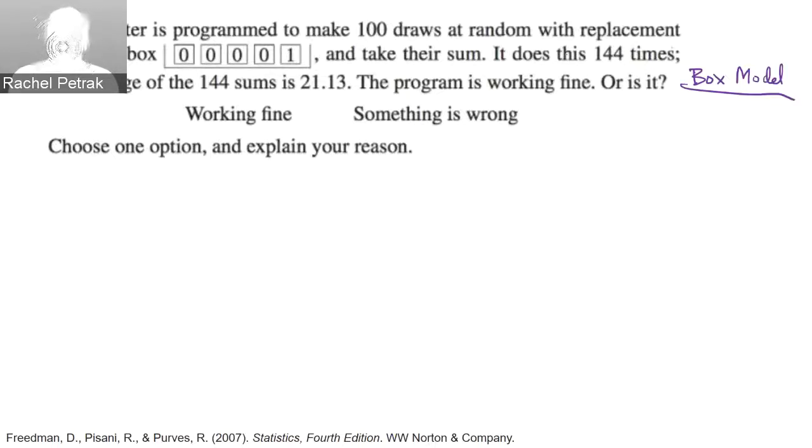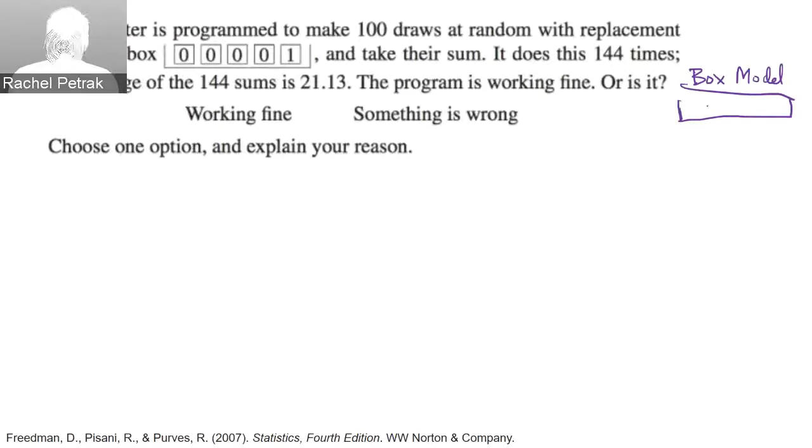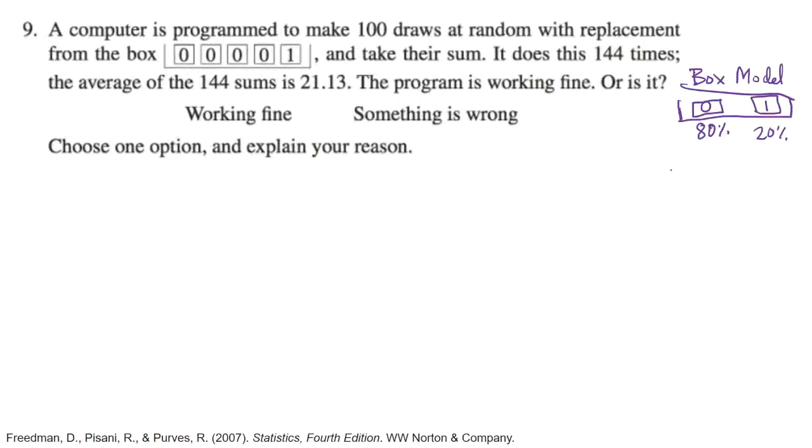They're taking 144 sets of 100 draws. And the proportional representation of the box is 20% ones and 80% zeros. We know that already.